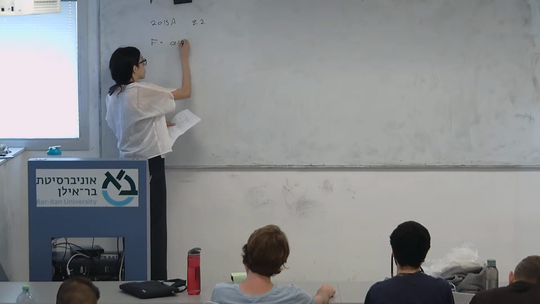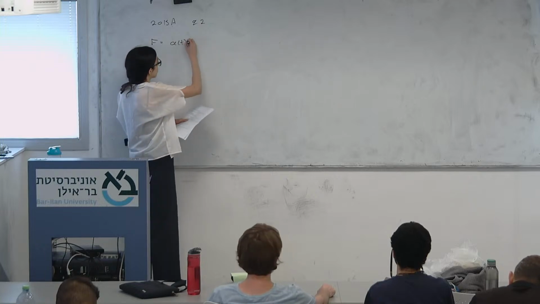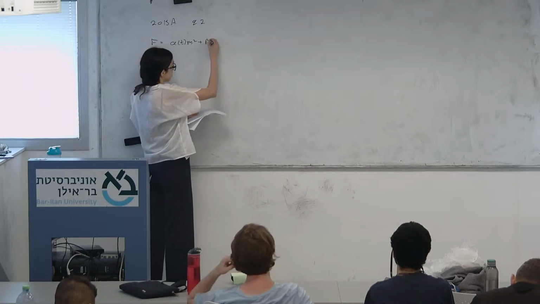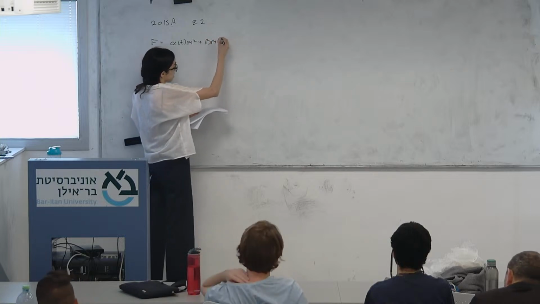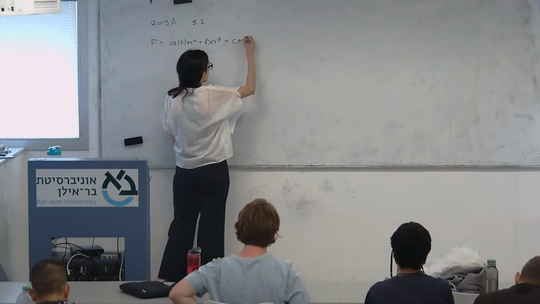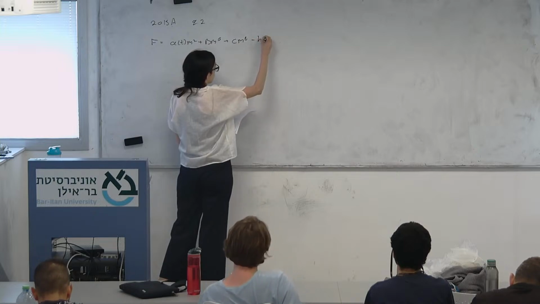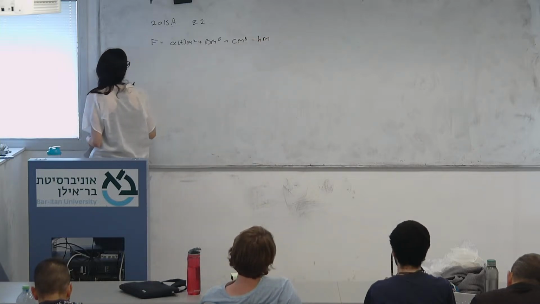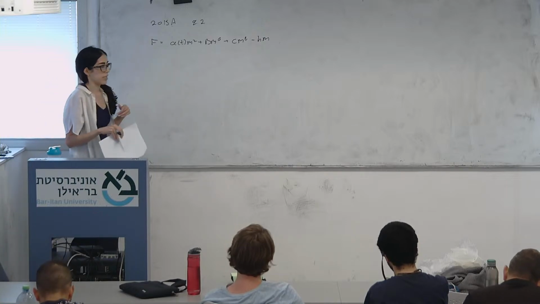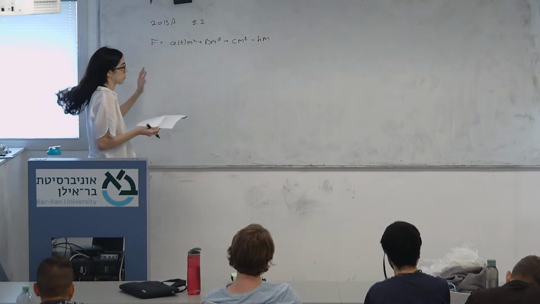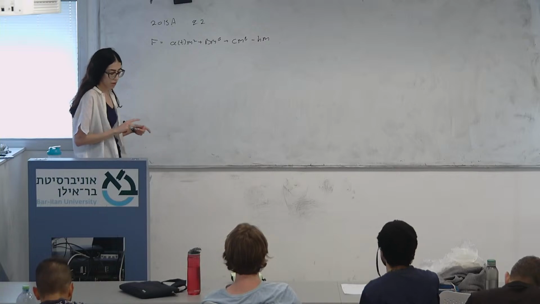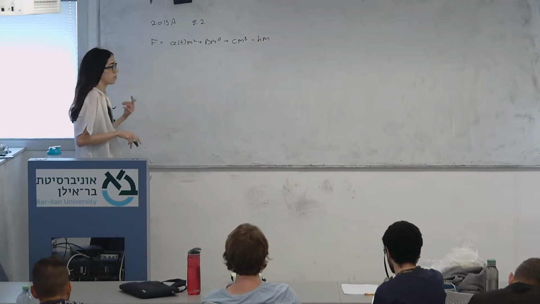So we have a of t m squared plus b m to the power of 6 plus c m to the power of 8 minus h m. So a, b, and c are given factors. We don't care about the specific values. The question is that we need to find all of the critical exponents: alpha, beta, gamma, and delta.